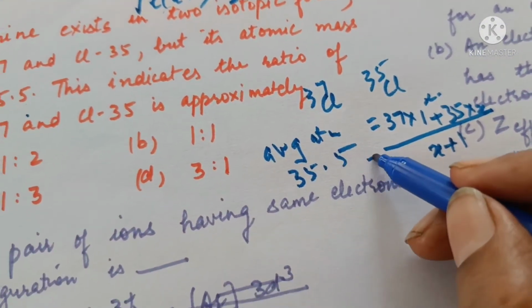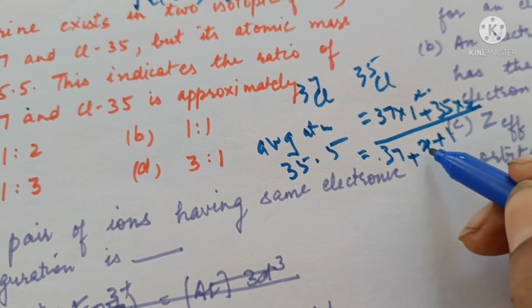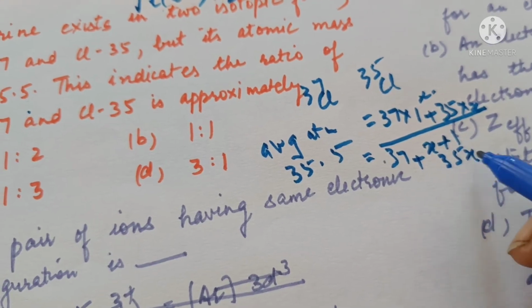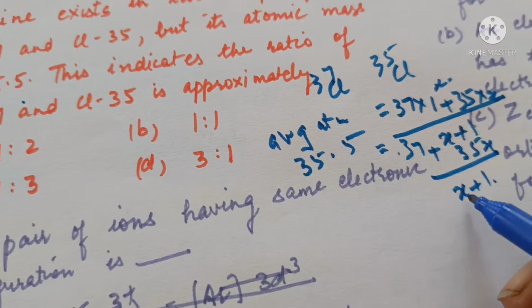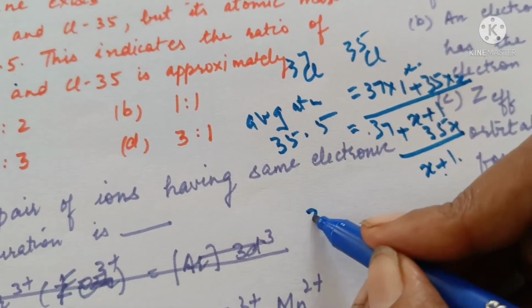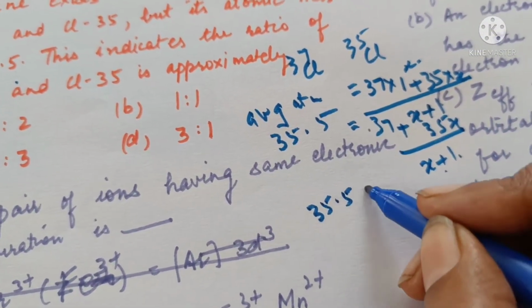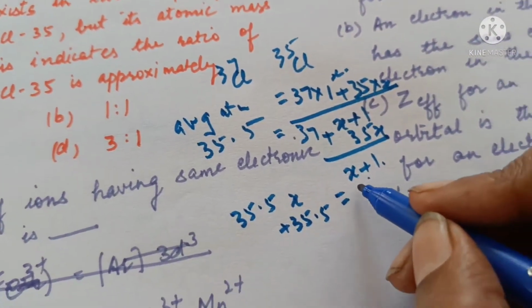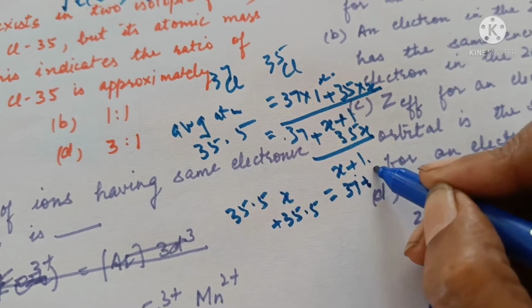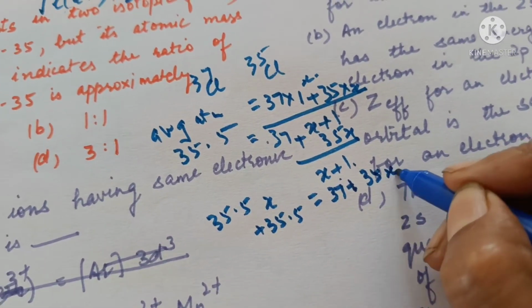So this answer is 35.5, given over here. So 37 plus 35x upon x plus 1. Taking x plus 1 to this side, we get 35.5x plus 35.5 is equal to 37 plus 35x.